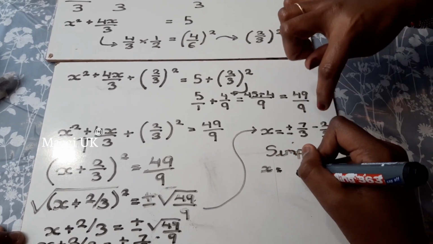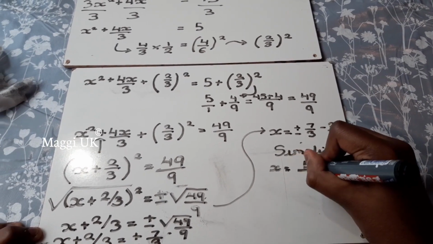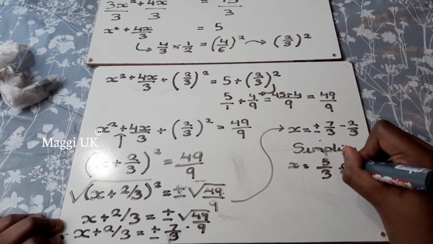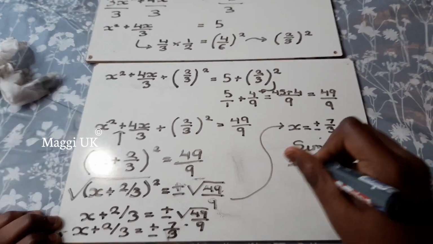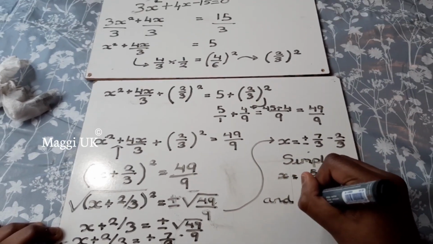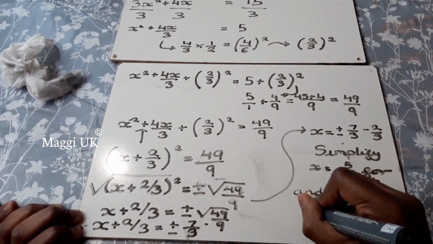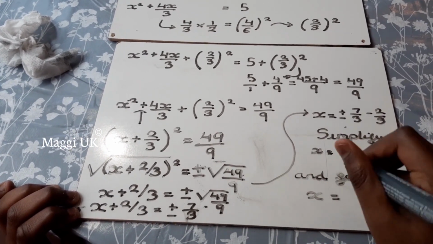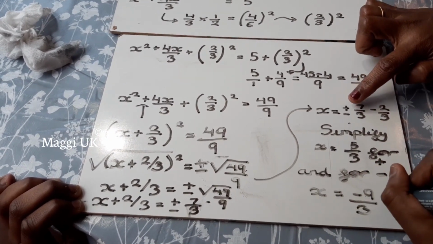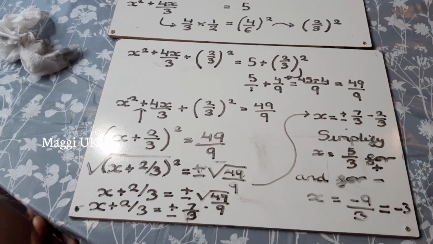So plus 7 over 3 minus 2 over 3. So the next one is the minus 7 over 3 minus 2 over 3, which will give you minus 9 over 3.